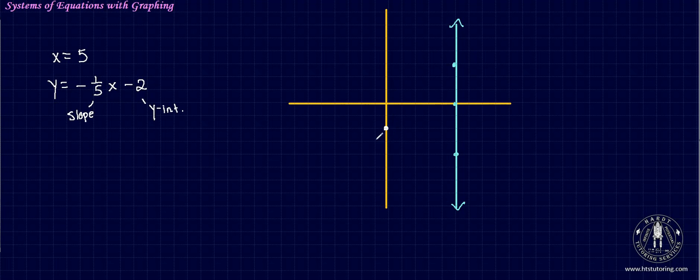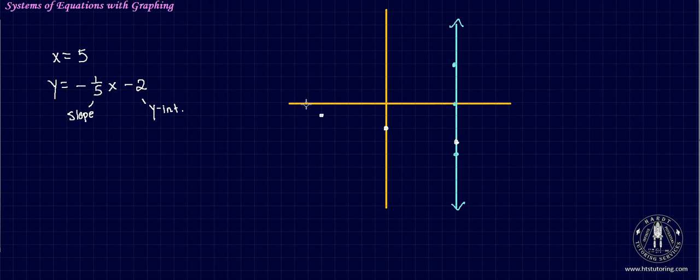So negative 1/5, we can go down 1, because rise over run, down 1 and to the right 5. So down 1, 1, 2, 3, 4, 5. And then we could also go up 1 and to the left 5, because it doesn't matter, just one of those numbers needs to be negative. So up 1 and then to the left 1, 2, 3, 4, 5. Okay, and then we'll draw that line.